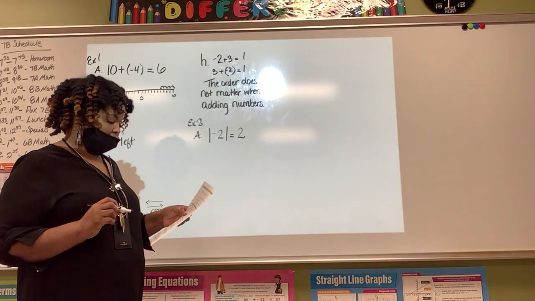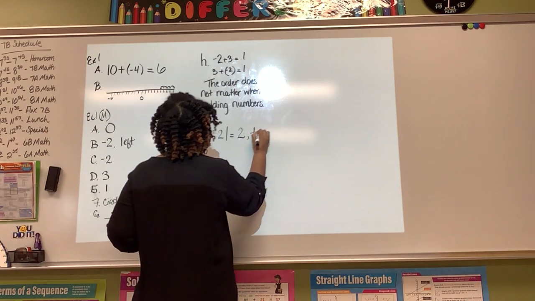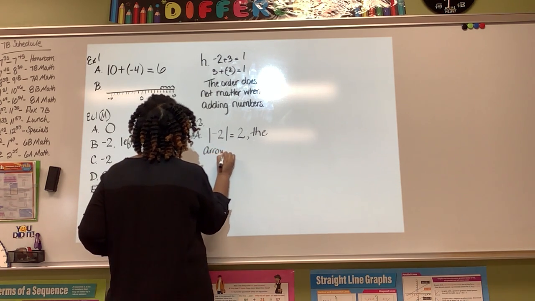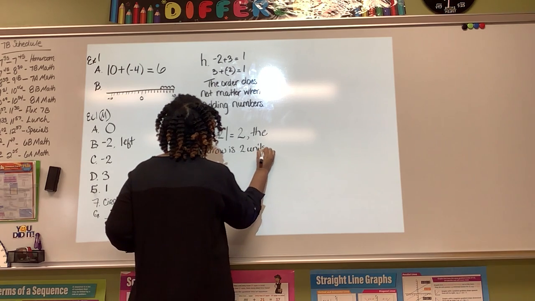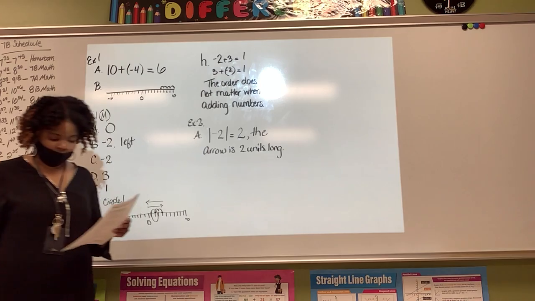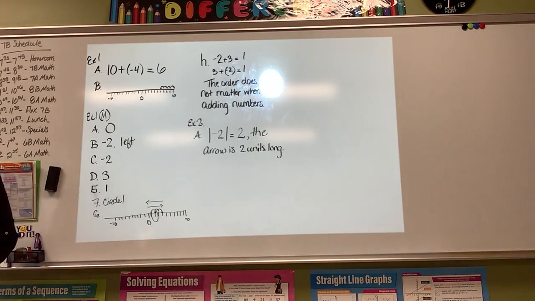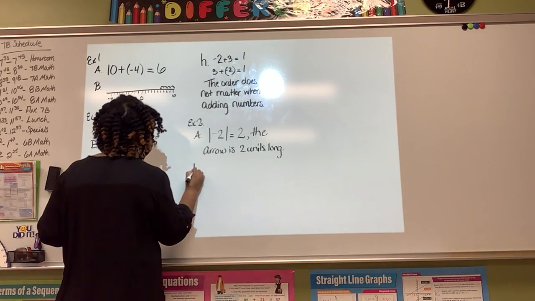It's 2. So the arrow is 2 units long. This is the question they asked, so you have to write this. The arrow is 2 units long. Because -2 is the negative number, the arrow points to the left. All right. Any questions on that one?